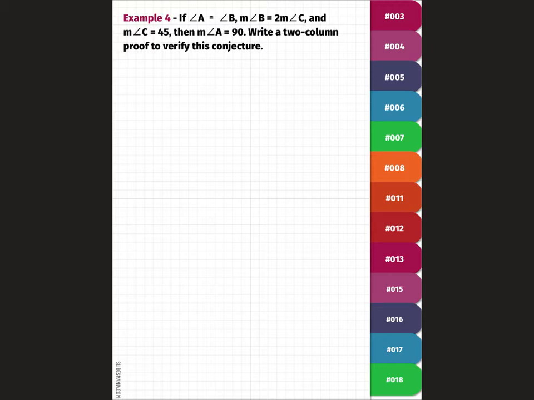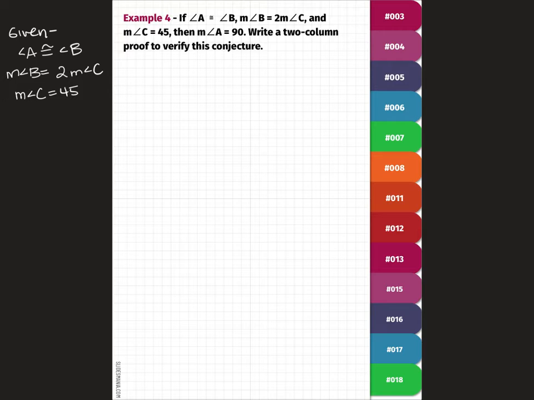And so over here on the left, I'm going to go ahead and put down all the things that were given to me. So first I know that angle A is congruent to angle B. Then I know that the measure of angle B is equal to 2 times the measure of angle C. And I know that the measure of angle C is equal to 45.